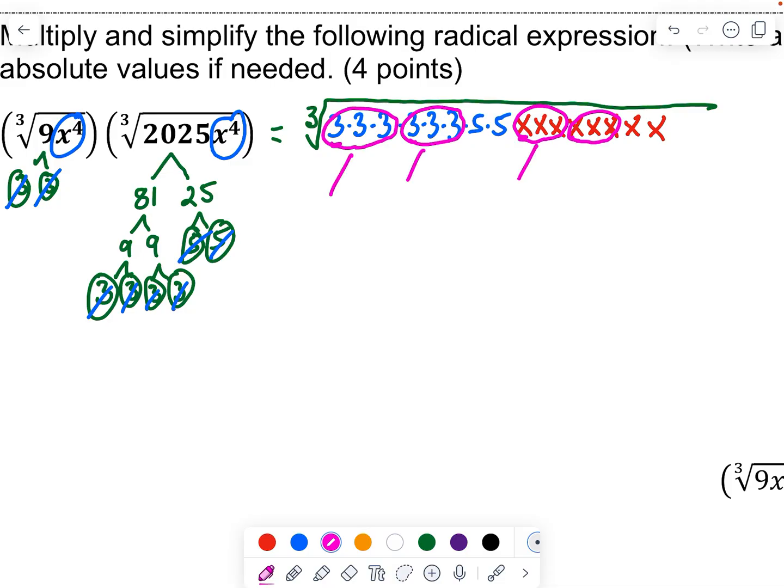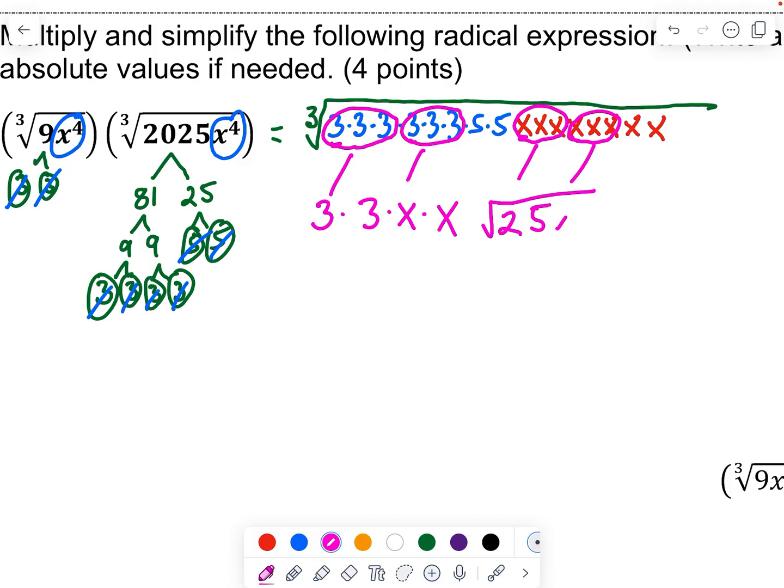Each one of those circles comes out as only one of those factors. So there's a 3 here, there's another 3. Then I've got an x and another x. Each one of those circles comes out as just one of those 3 factors. Left under the cube root is 5 times 5, which is 25.